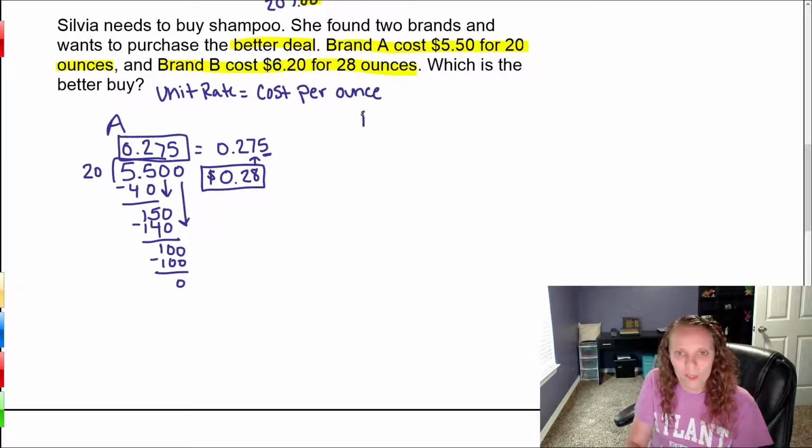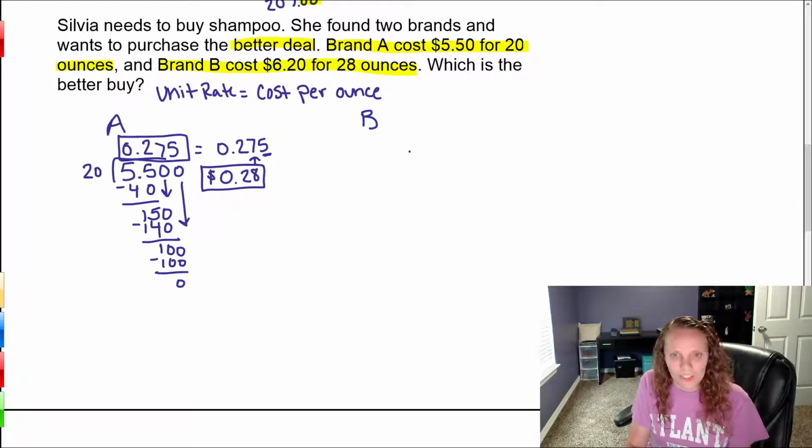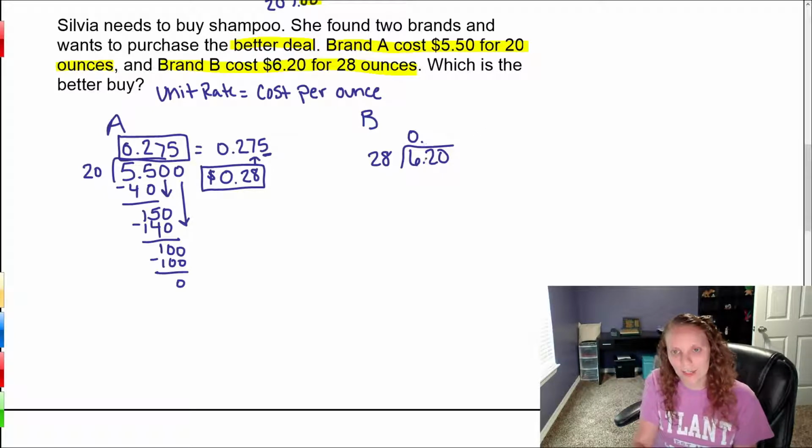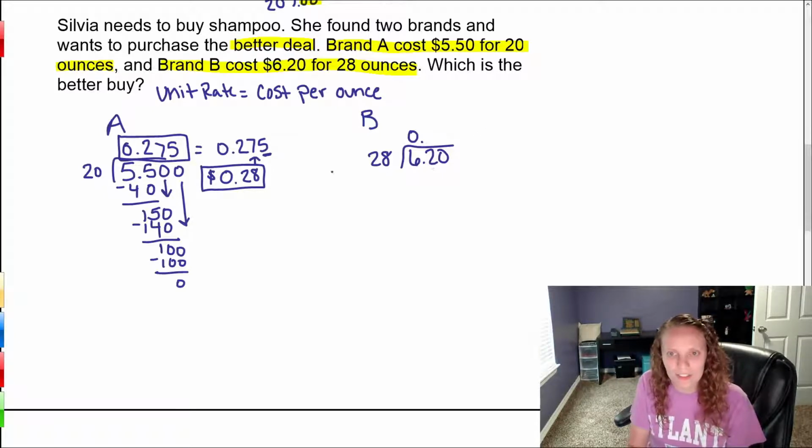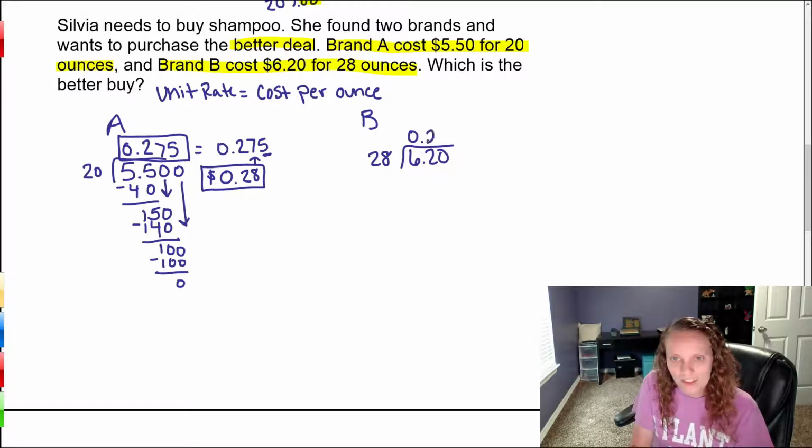Alright, let's try brand B. Total of $6.20 divided by 28 ounces. 28 does not go into 6, so I added my decimal. 28 does go into 62 twice. 28 times 2 is 56.